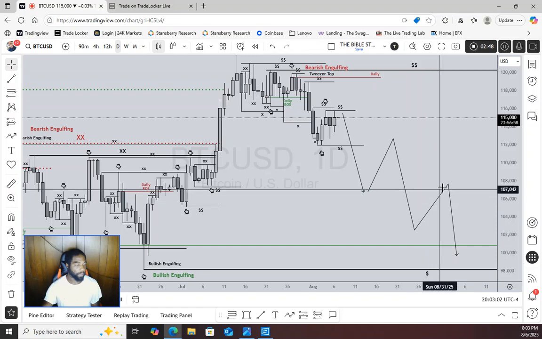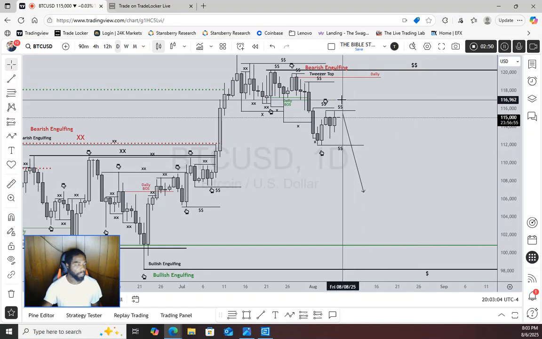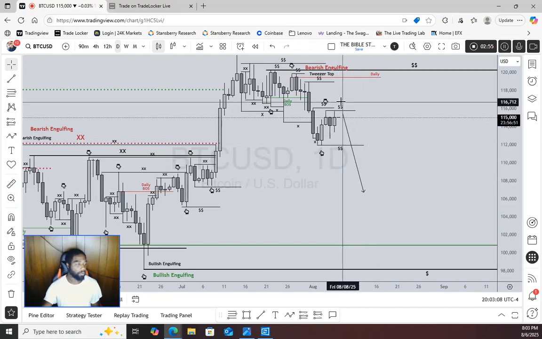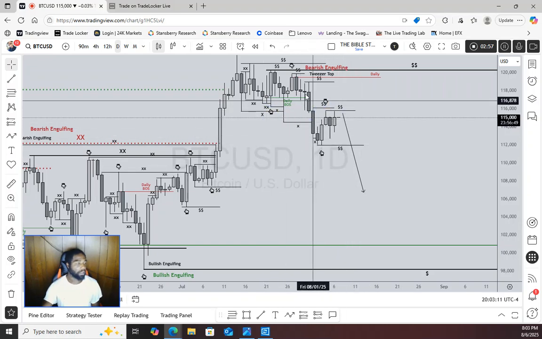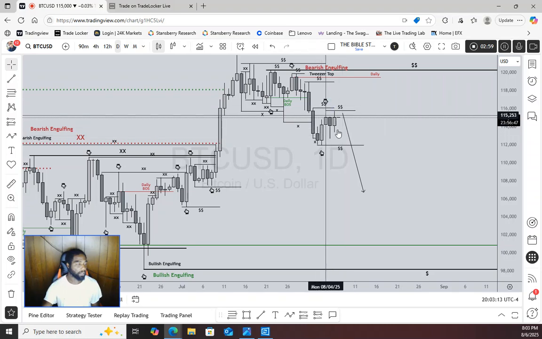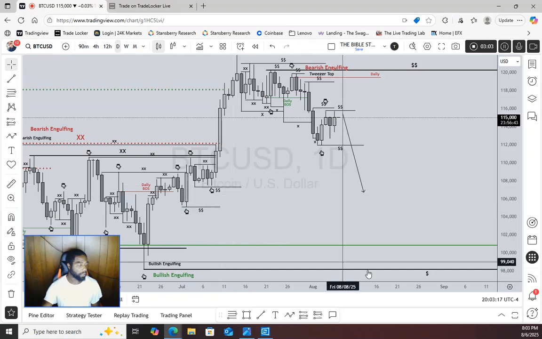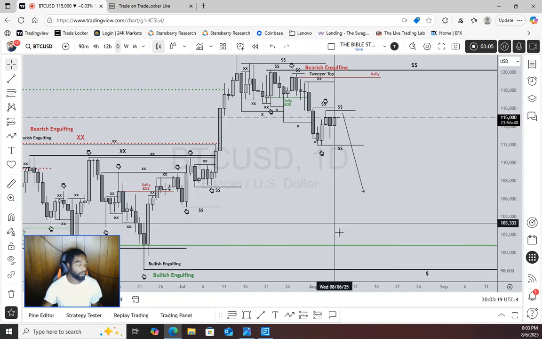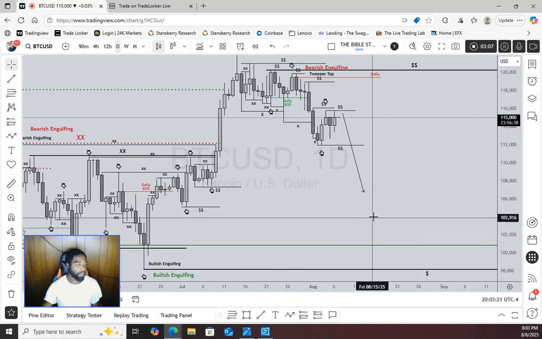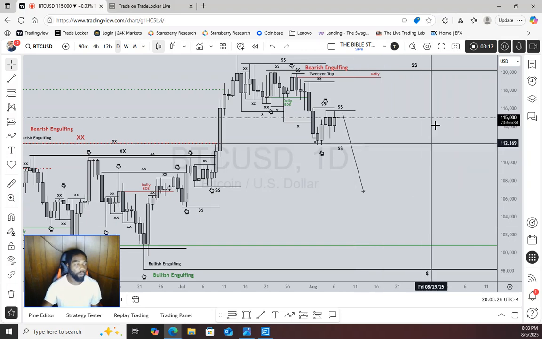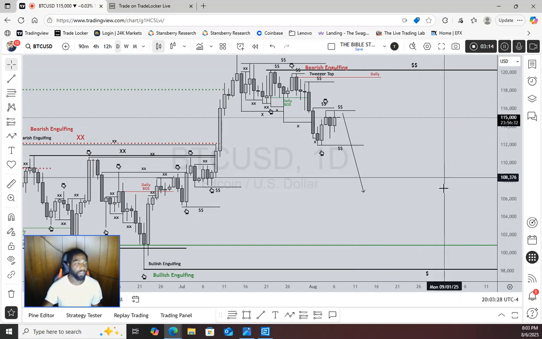You know what I mean? But understanding that we are now looking for price to sell from these daily highs, understanding that price is respecting highs and targeting lows. We have this target here, and then as we scale down, we'll see what levels here will cause price to encounter its continuation to the upside.